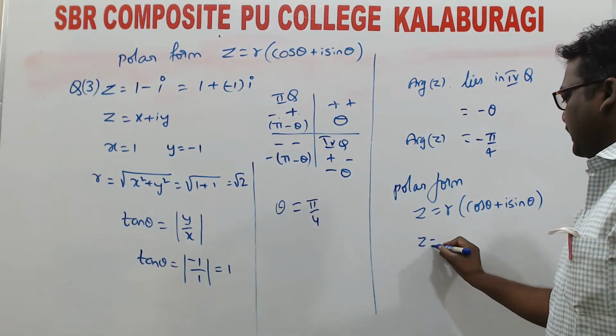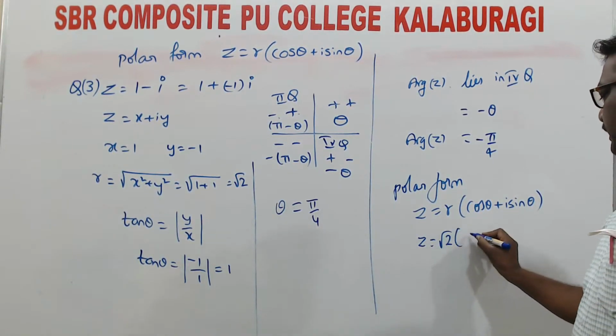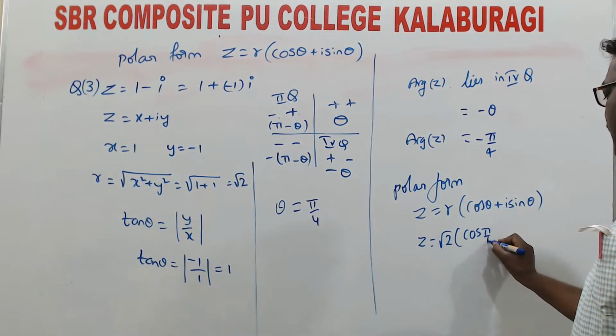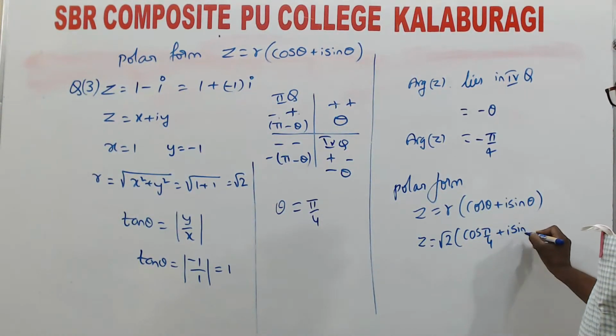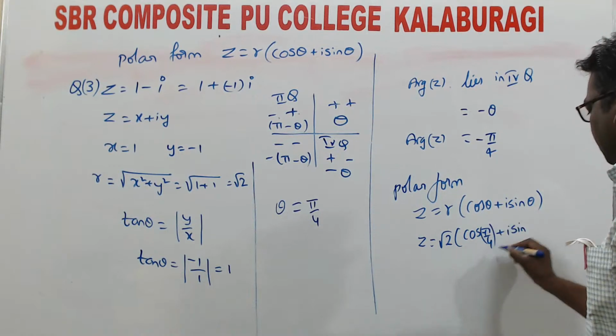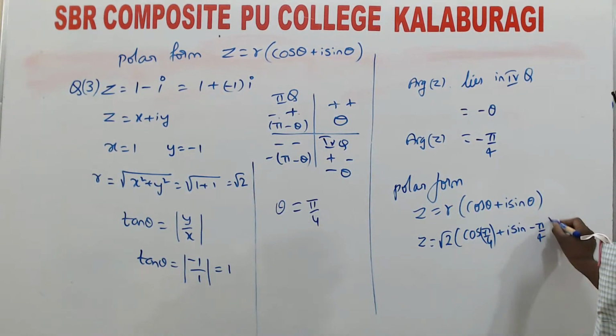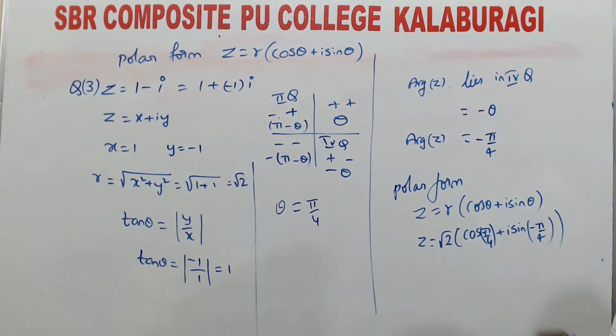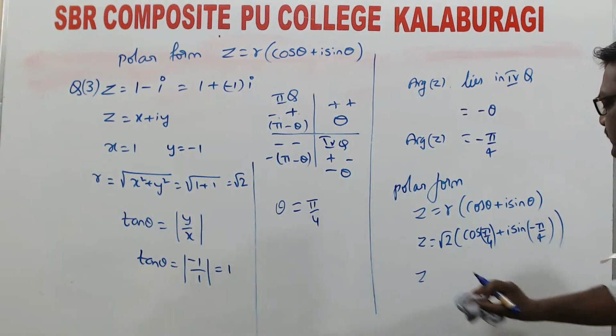Therefore, z equals root 2 into (cos of minus pi by 4 plus i sin of minus pi by 4). You can check here. If you want, you can check the answer also.